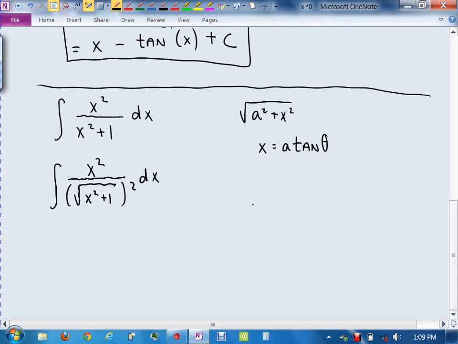Then our substitution is x equals tan theta, because a is 1. That means dx is secant squared theta d theta. And the square root of 1 plus x squared, if you work that out, you should just get secant theta.